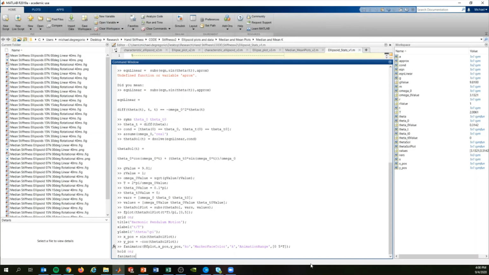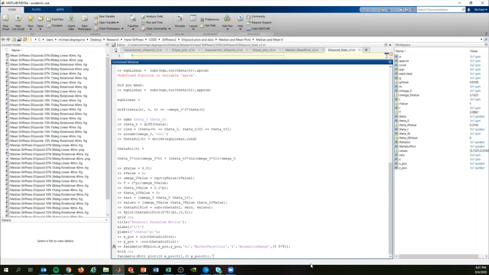We're going to put f animator for t, y_pos of t.